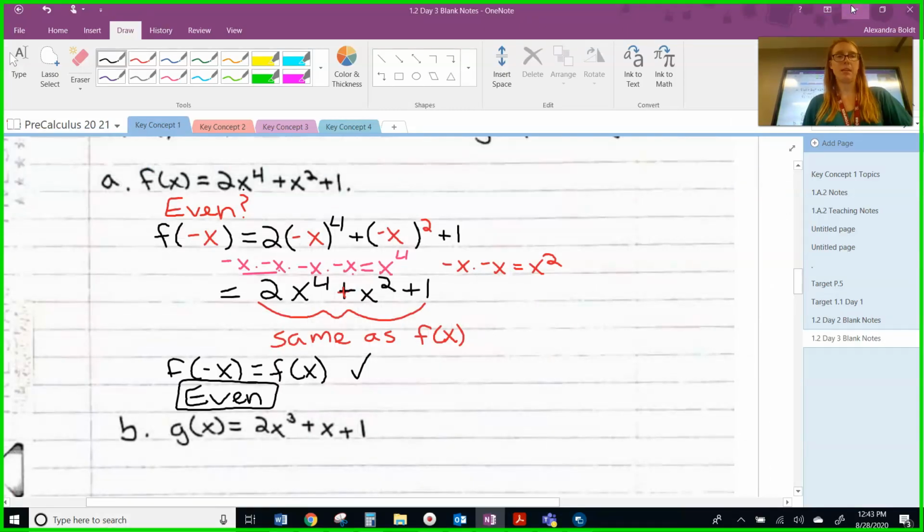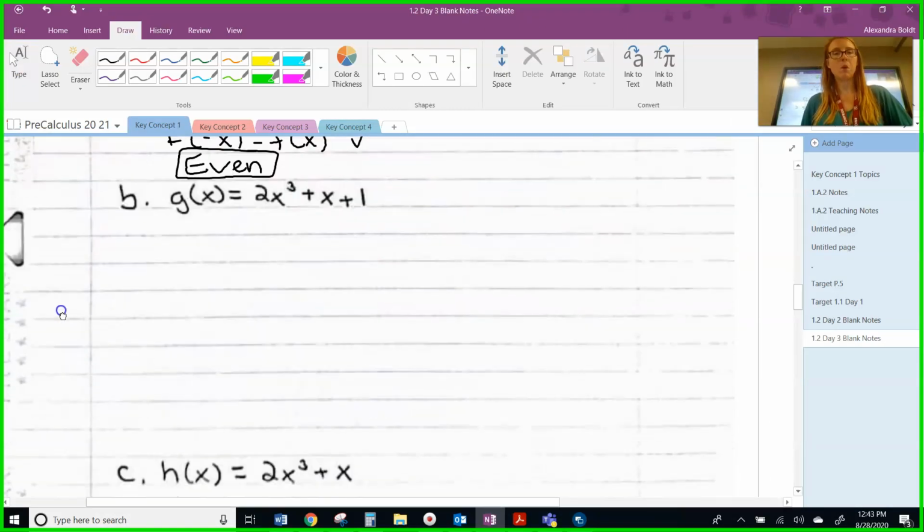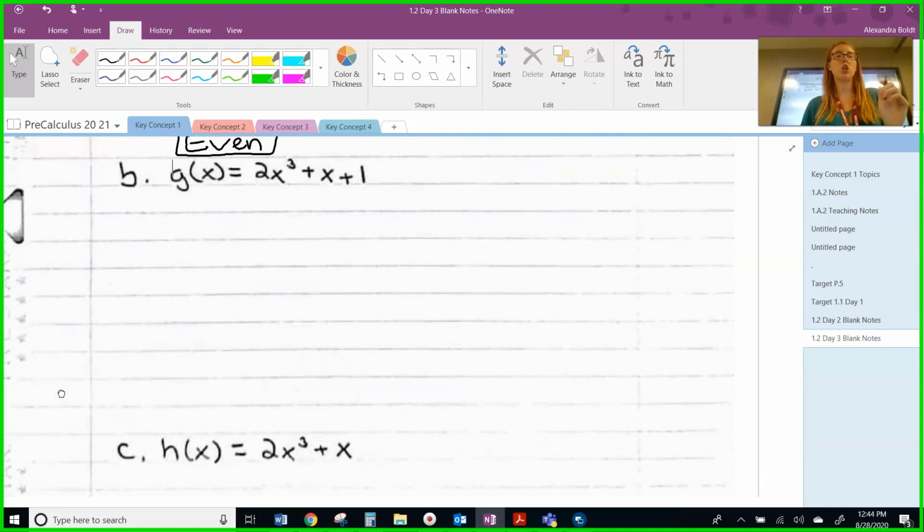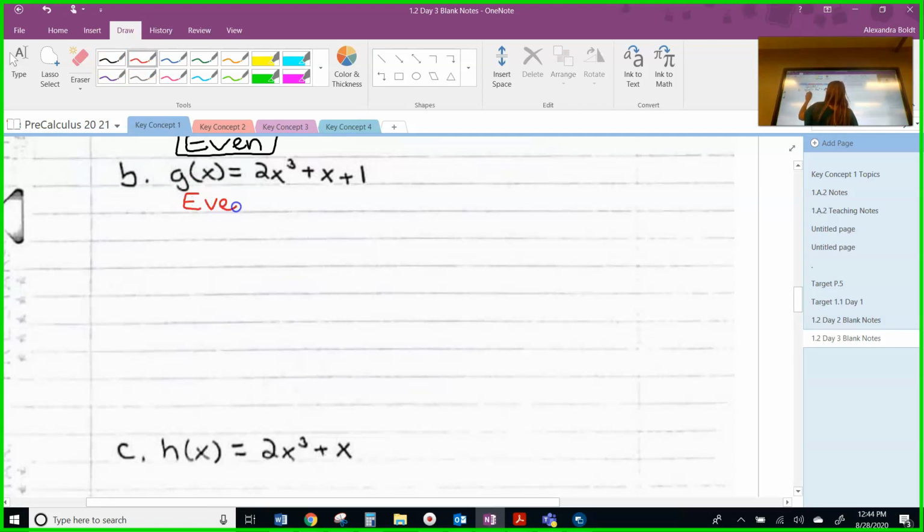Let's look at another example, example B. So we have g of x equals 2x cubed plus x plus 1. So again, I'm going to check if it's even first. So I'm going to take my function, g of the opposite of x.